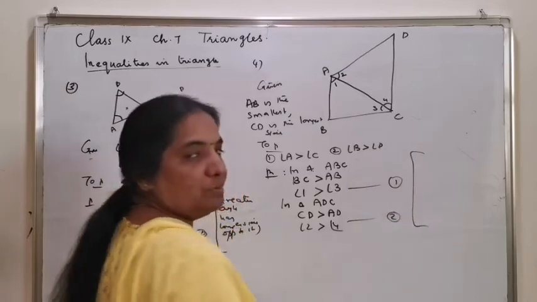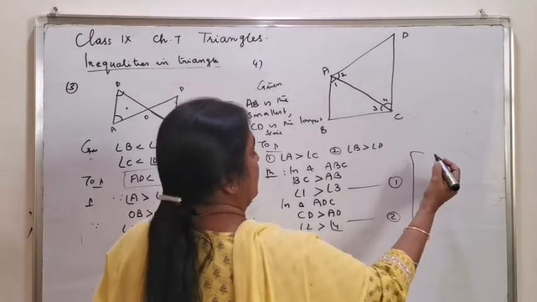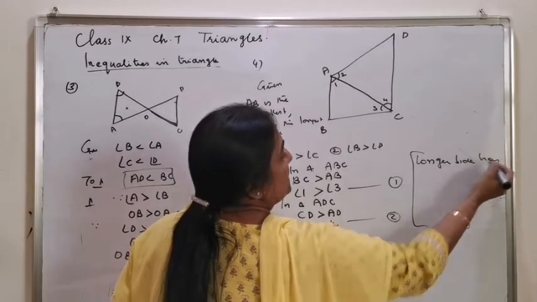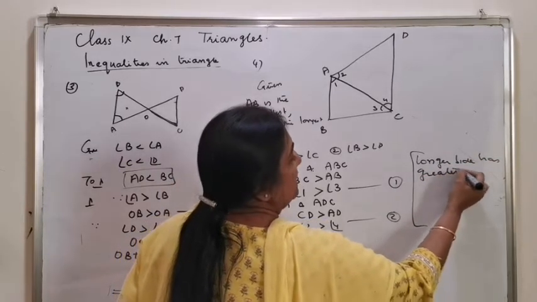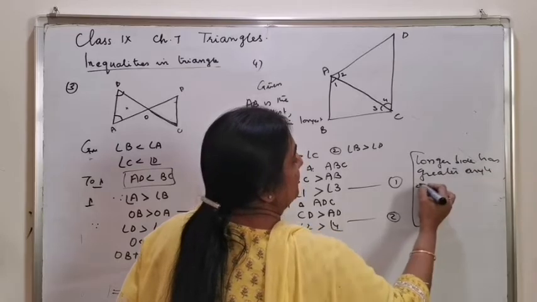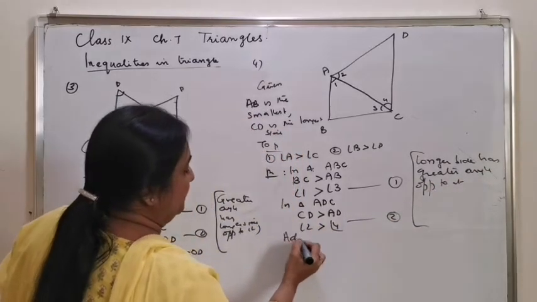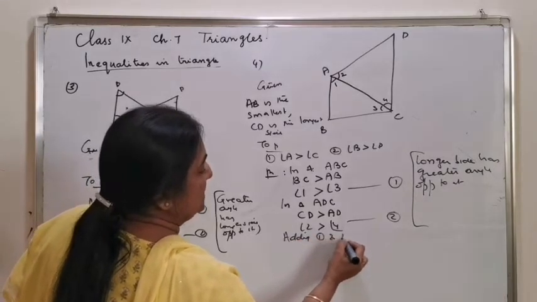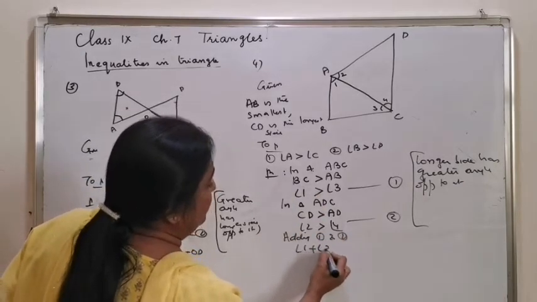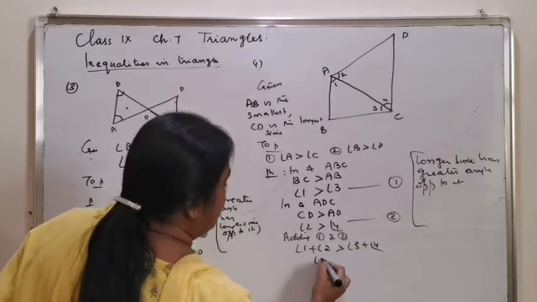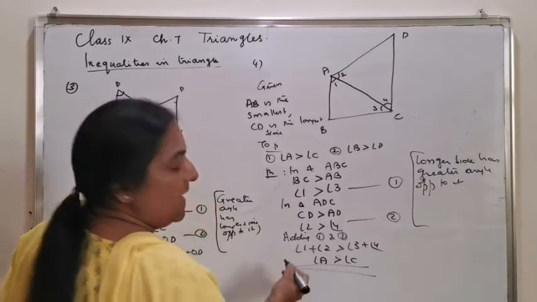Equation number 2, the only one reason that longer side has greater angle opposite to it. Adding equations 1 and 2. Angle 1 plus angle 2 is greater than 3 plus 4. 1 plus 2 is angle A is greater than angle C.